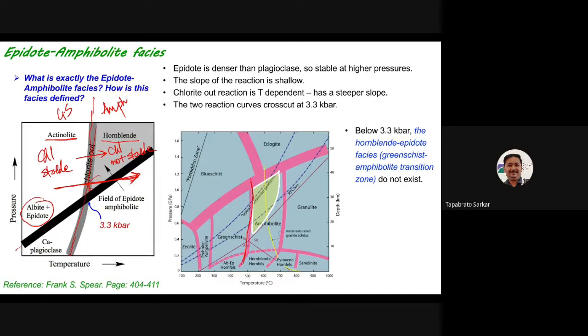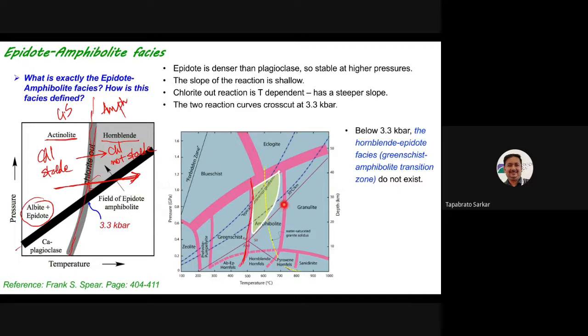We can directly understand the pressure and temperature conditions of metamorphism. That is the special significance, and many authors have denoted this zone as the epidote amphibolite facies, roughly the region where these two are stable together.